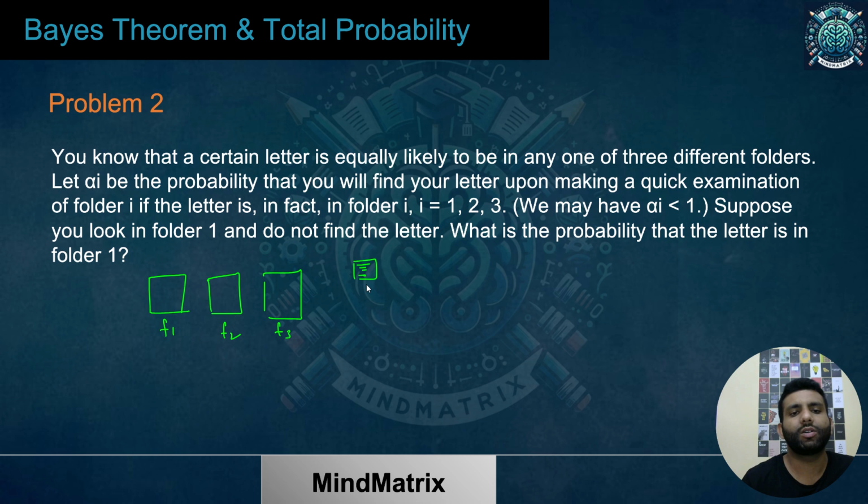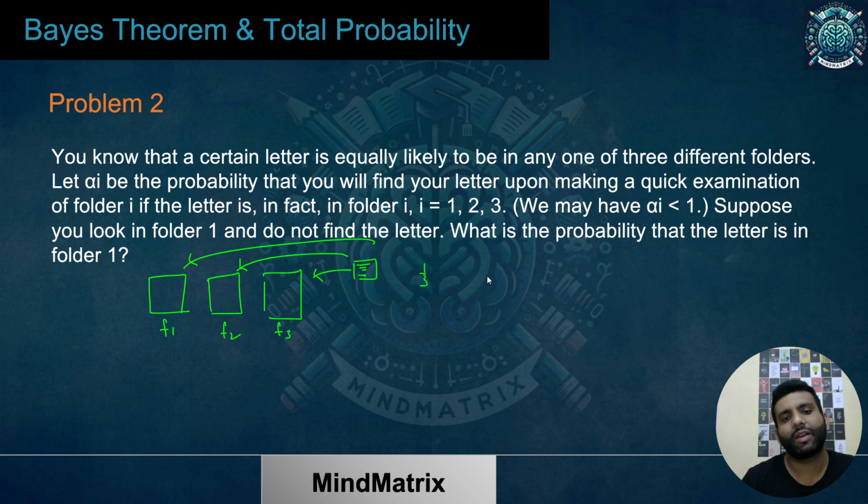There is this letter which can be in any of these, and the scenario is equally likely. That means the letter can be in any of these with probability 1 by 3.